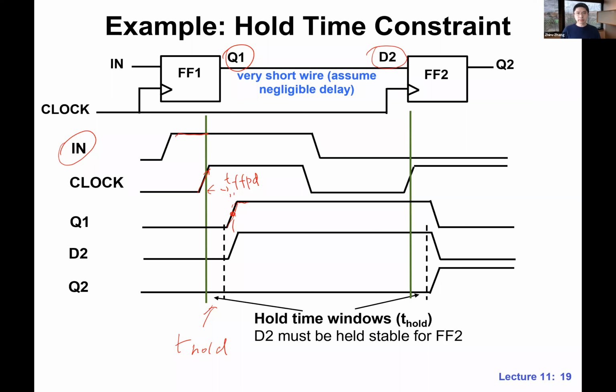Do you want to consider min or max for T FF PD? In this case, min. The minimum delay is the worst case scenario. We're going to consider the case where the change happens in the soonest possible scenario. So you want to consider min here. Then, what is the relationship between these two for us to meet the hold time? We already have T hold, and you have T FF PD min.